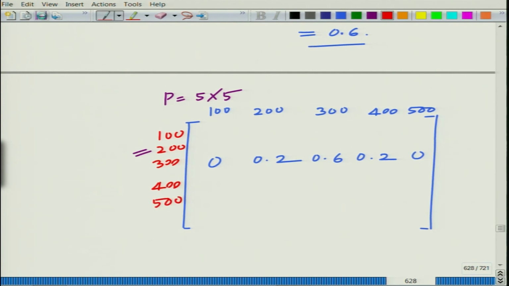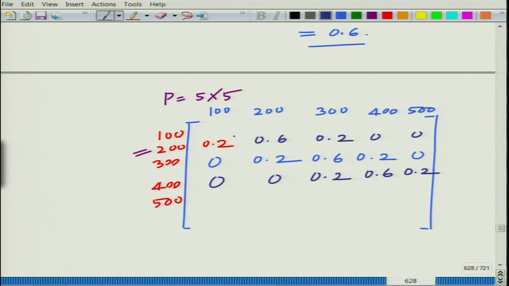Now let us look at 200. The probability it goes from 200 to 100, it decreases by 100, is 0.2, the probability it remains at 200 is 0.6, then 0.2, 0, 0. Similarly, from 400, it cannot decrease to 100, it cannot decrease to 200, it can decrease to 300 with probability 0.2, it can increase to 500 with probability 0.2, and the remaining probability it stays at 400 is 0.6.